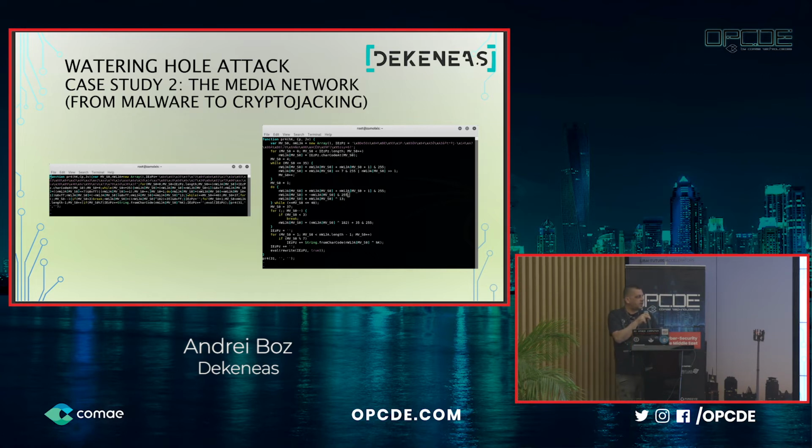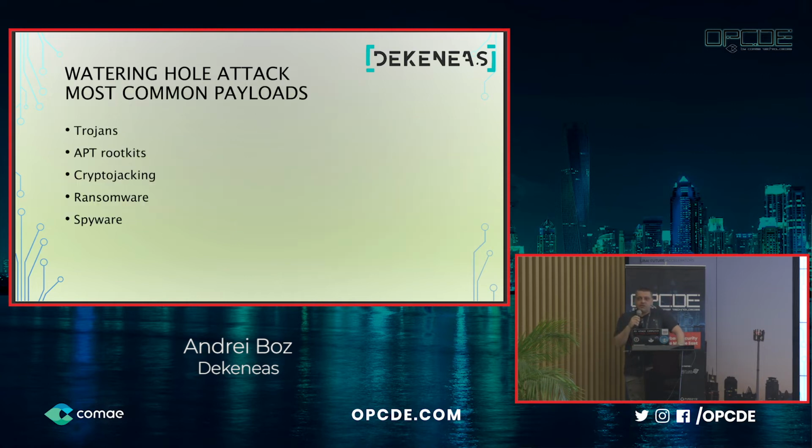Nothing suspicious, again, for the firewall or the antivirus. But still, this attacked a lot of users, and nobody noticed that the attack was ongoing. Most common payloads that can be served in watering hole attacks are Trojans, APT rootkits, cryptojacking, ransomware, or spyware.